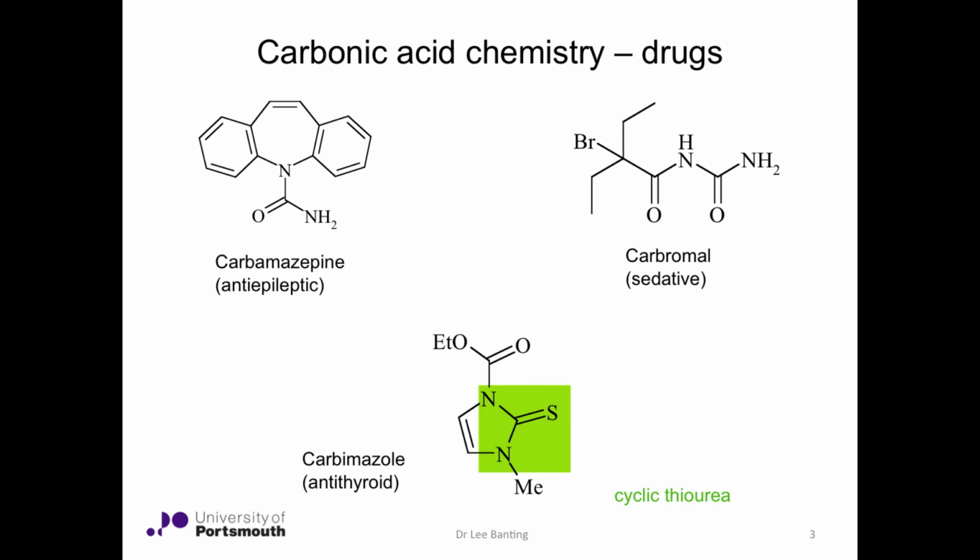Now, because sulfur is in the same group in the periodic table as oxygen, sulfur can substitute for oxygen in natural systems, and in drug molecules, and does so, and we can take advantage of that chemistry for drug purposes. And this is a cyclic thiourea.